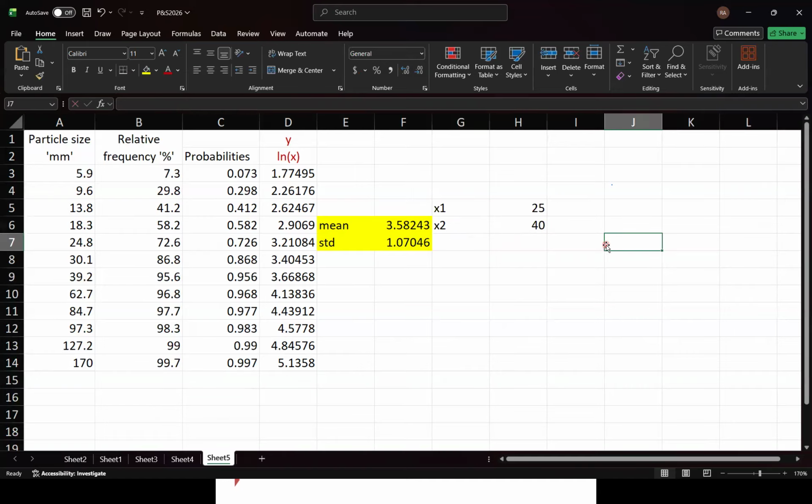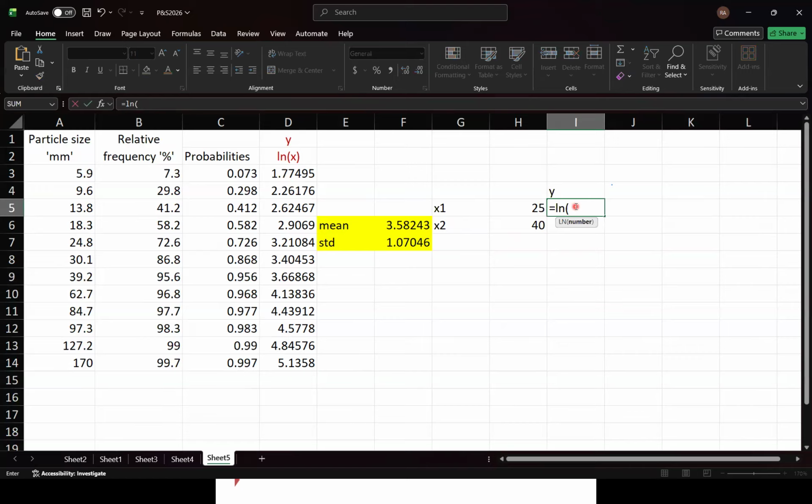So how much percentage of values belong to this interval? So I will calculate correspondingly the y values. So y value is log of this one, and similarly log of this value. So now the two values have been generated.